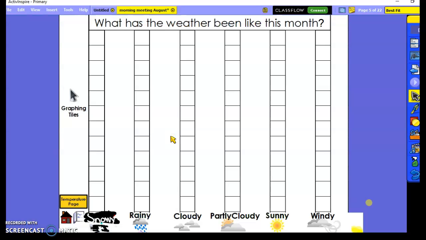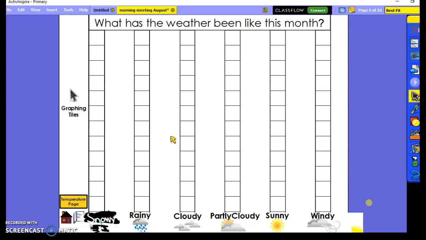Moving on to our weather. Again, just a reminder, we're not going to be graphing on our weather chart. You are going to be graphing yours at home. All right. What's the weather? What's the weather, everyone? Is it cloudy?